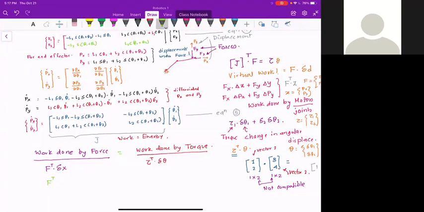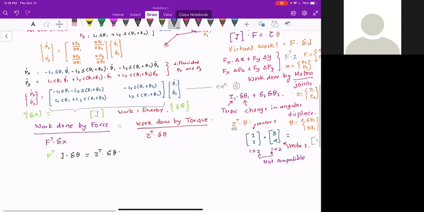And what is delta X? Delta X is equal to the Jacobian multiplied by delta theta. So I'm going to write delta X as J multiplied by delta theta, and that equals tau transpose multiplied by delta theta.